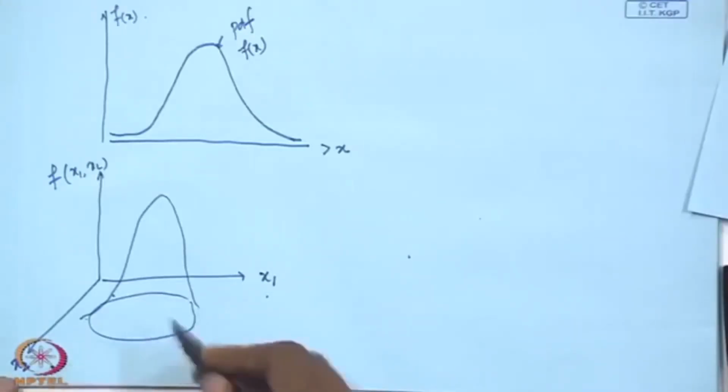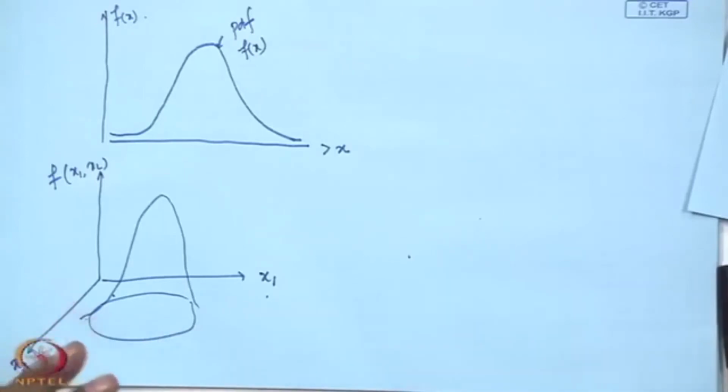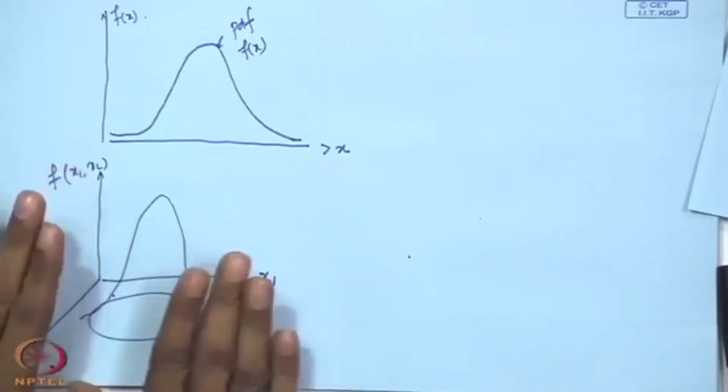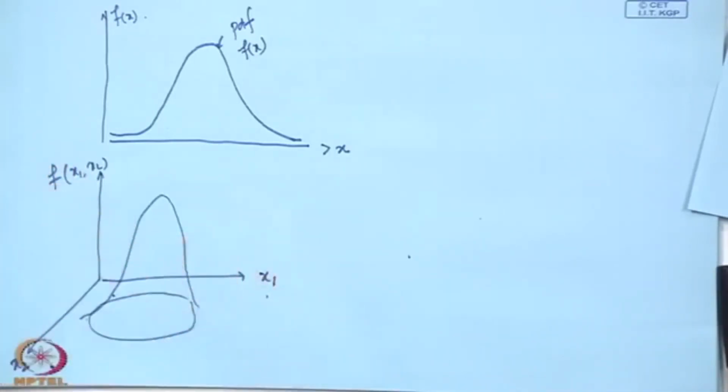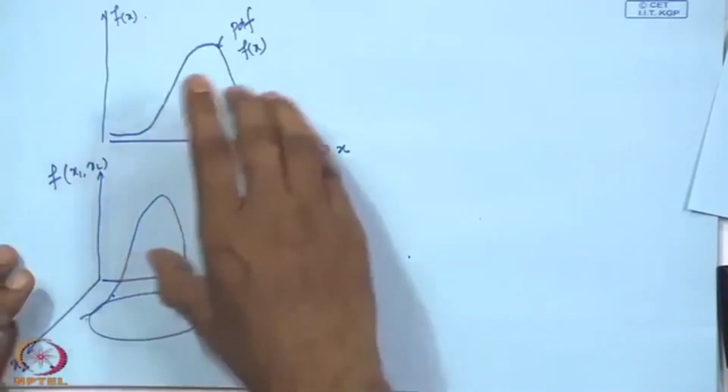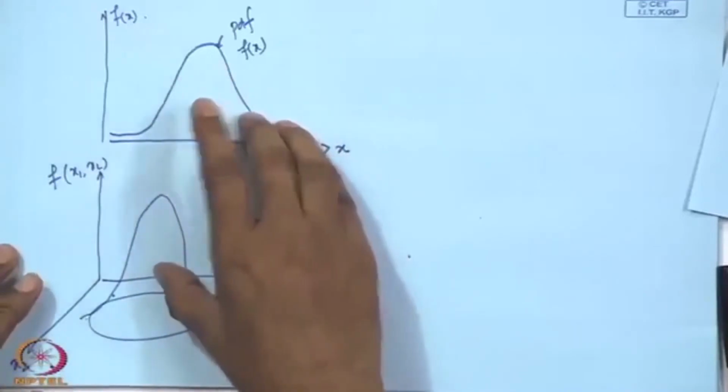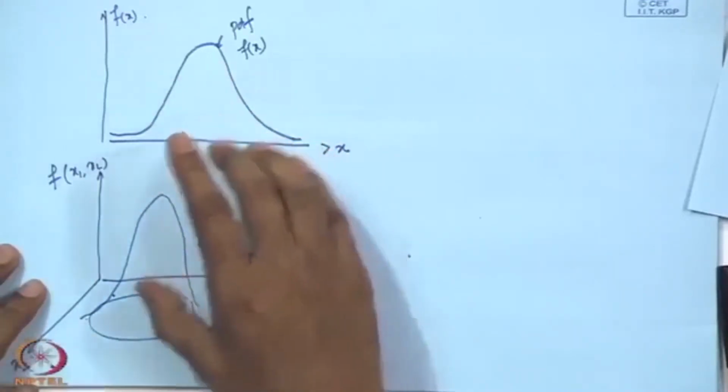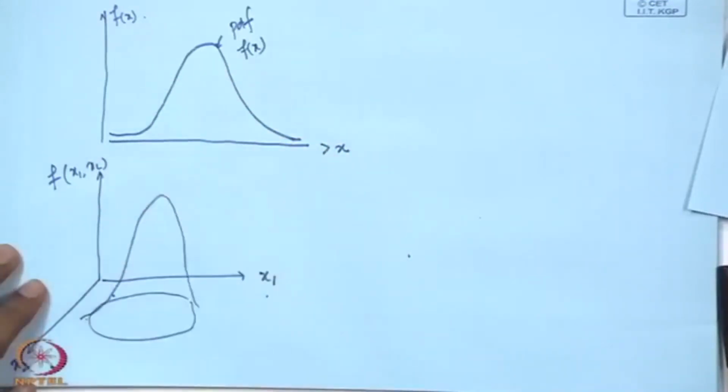When we talk about only two variables, we can draw it; when we talk about more than two variables, a picture is not possible to draw, but you have to think that there is some shape. That abstraction level of thinking is required for understanding the multivariate normal distribution.